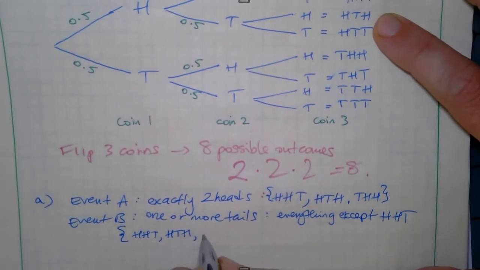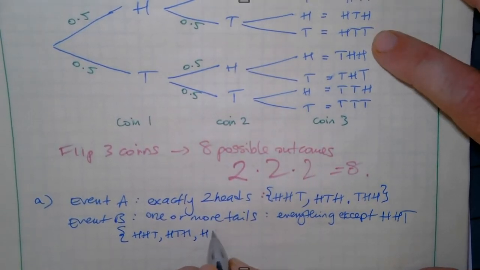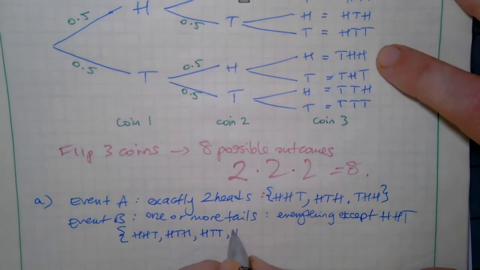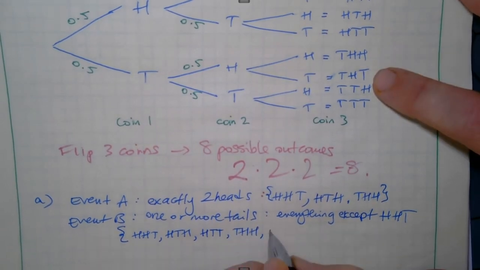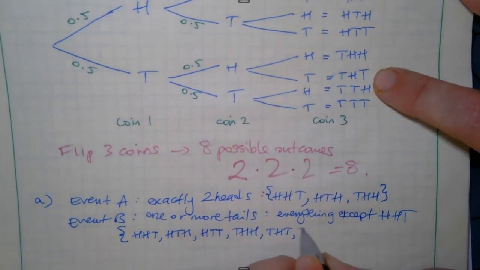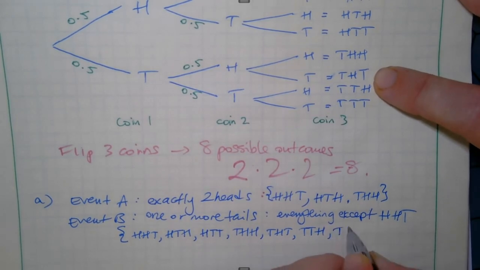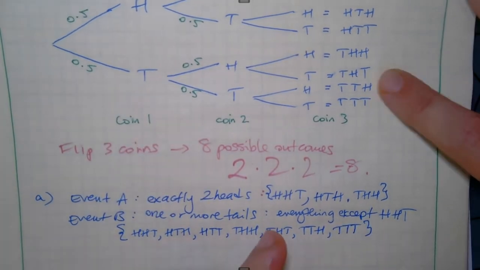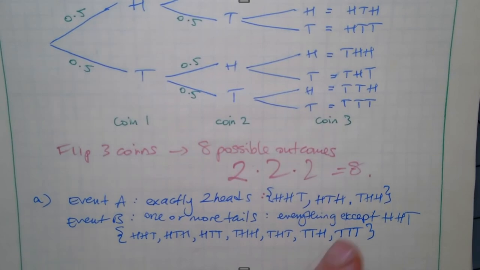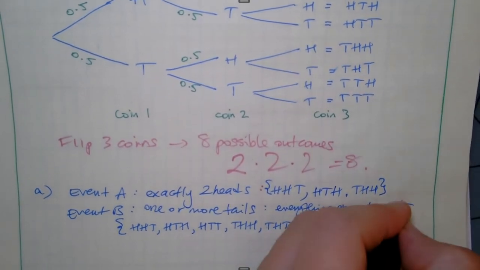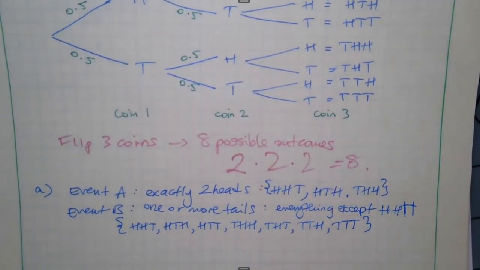Heads, tails, tails, tail, head, head, tail, head, tail, tail, tail, head, tail, tail, tail. So every single thing in here should have at least one T in it. They do. The only one that doesn't, oh my gosh, the only one that doesn't is head, head, head. All right. So that is B.